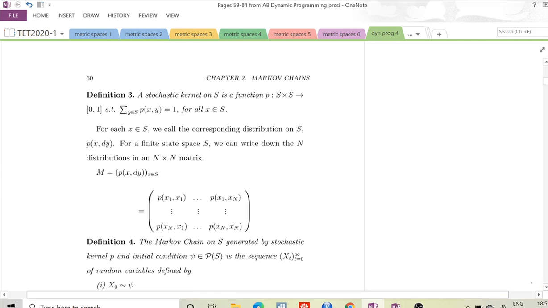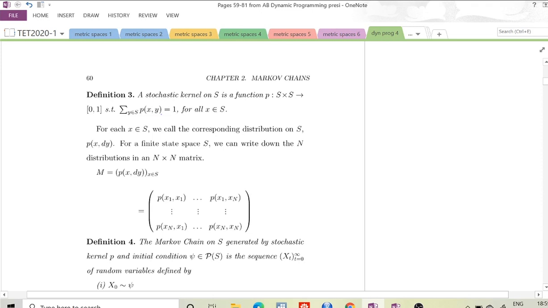Another definition that we use is that of a stochastic kernel on the state space S. So a stochastic kernel on the state space is a function p that goes from S cross S to [0,1], such that for every state x, the summation of p of x,y over all the y's is equal to 1.